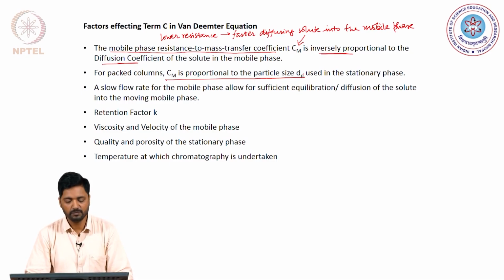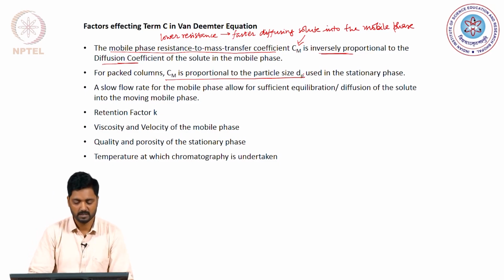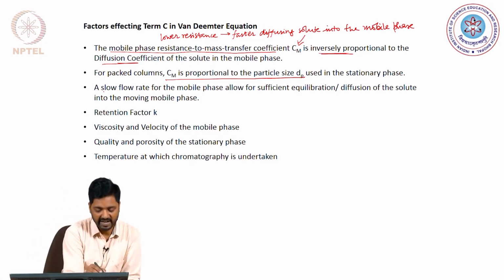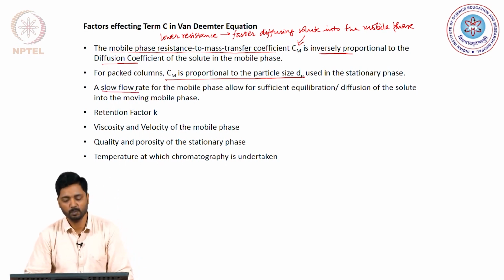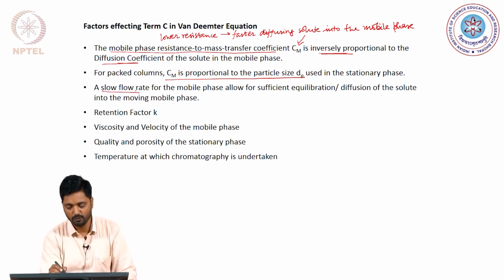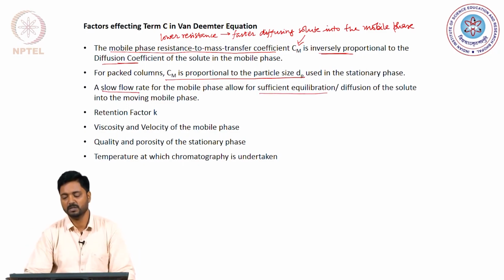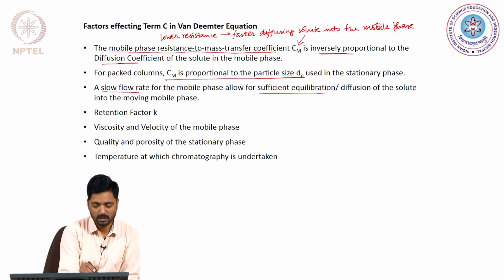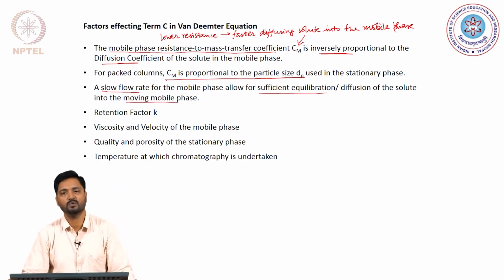So, indeed we would want to use smaller particles so that the C term can be minimized, and we have already seen that a slow flow rate of the mobile phase will allow for sufficient equilibration or diffusion of the solute into the moving mobile phase. So, indeed here we would want to reduce the flow rates to achieve low values for the C into U term.